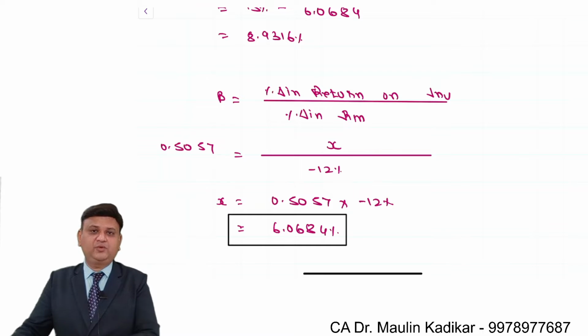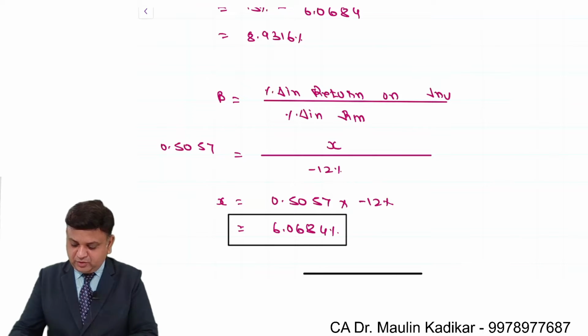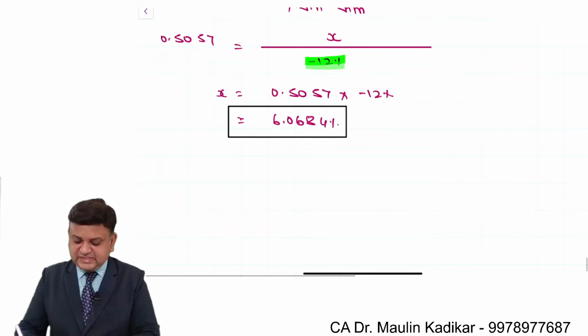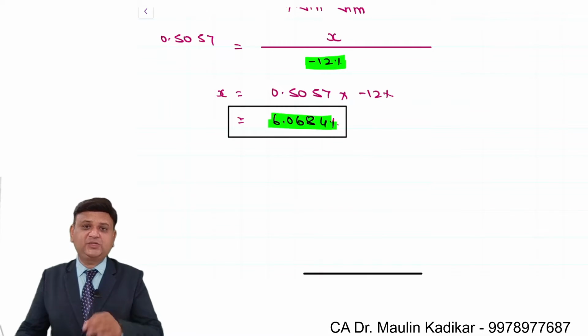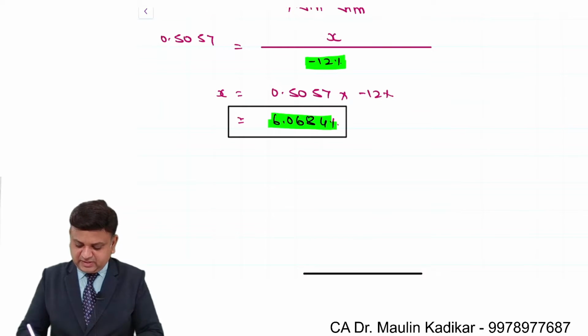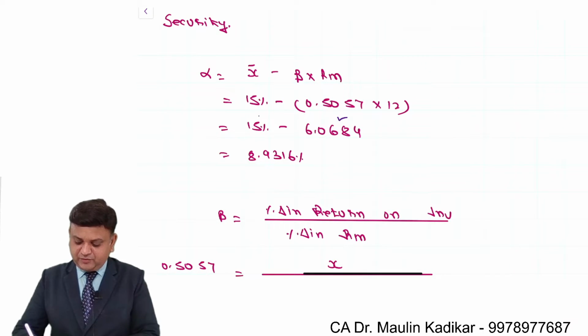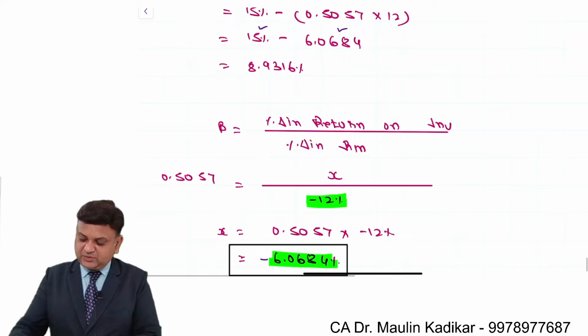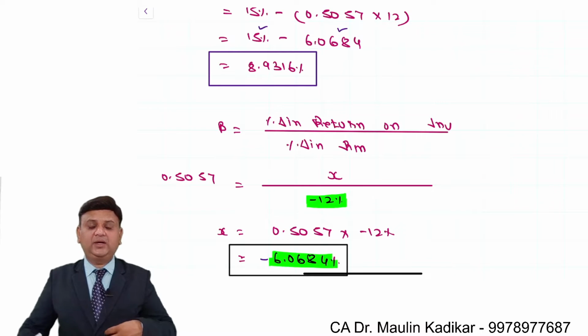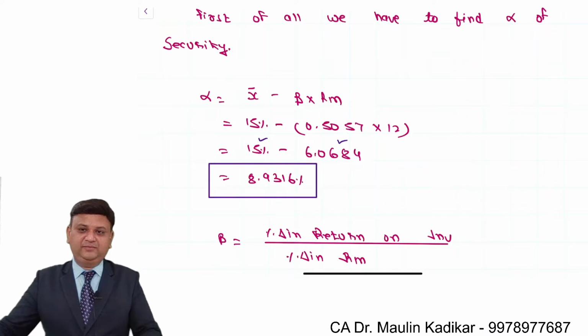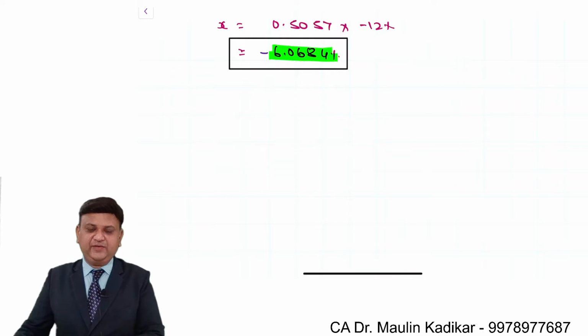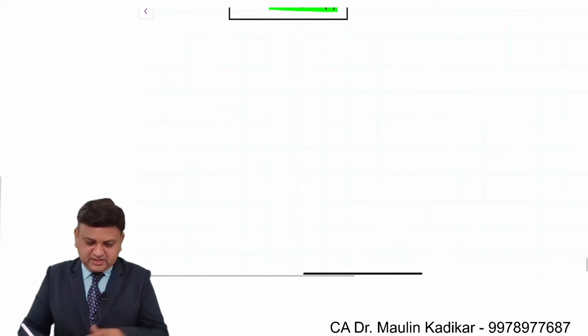When the return on the market portfolio reduces to zero, it means it reduces by 12 percentage. Return from the security will fall down by 6.0684 percentage. So 6.0684 percentage is deducted from the existing return of 15, and this is what we understand is the alpha of the security, that is return from the security when return on the market portfolio is zero. Now friends, once alpha is calculated, the final answer of the characteristic line will be like this.